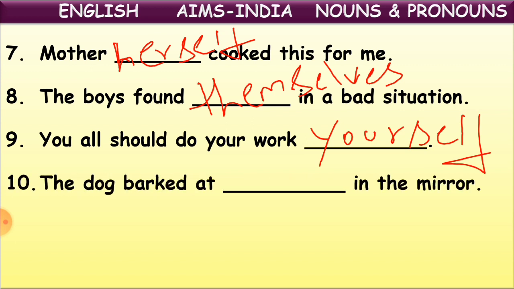Okay. The dog barked at dash in the mirror. The dog, because it is an animal, how do we represent an animal in pronoun form? It. The dog barked at itself in the mirror. Okay.